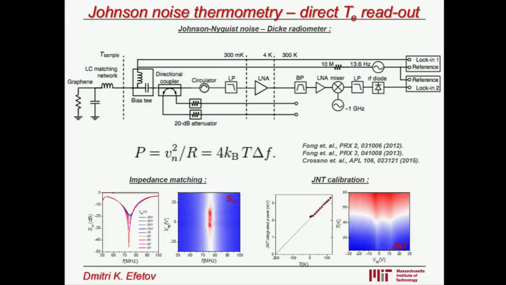We look at the Johnson-noise thermometry as a function of fridge temperature, and with this linear fit, we calibrate our device. Then later on, if we fix the temperature, we can look at the standard deviation of the signal. This gives us the standard distribution of the signal, and we can compare it with the temperature, and it corresponds to 1 millikelvin sensitivity.